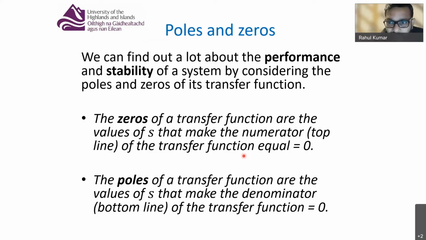What do they mean? Let's start with zero because it is mentioned first. So zeros of a transfer function are those values of S which make the transfer function g of S equal to 0.